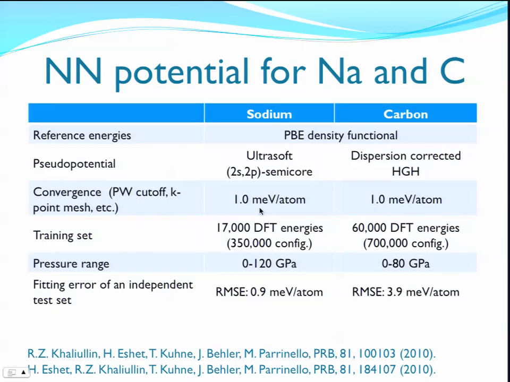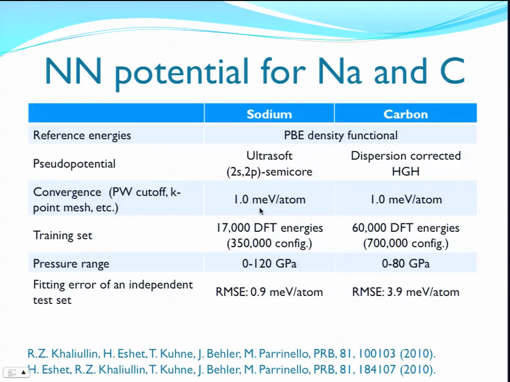So let me present two neural networks that we trained to reproduce potential energy surfaces for two elements, for sodium and for carbon. We used the PBE density functional. It's an ab initio method, which reproduces accurately the energetics of interactions in both sodium and carbon.